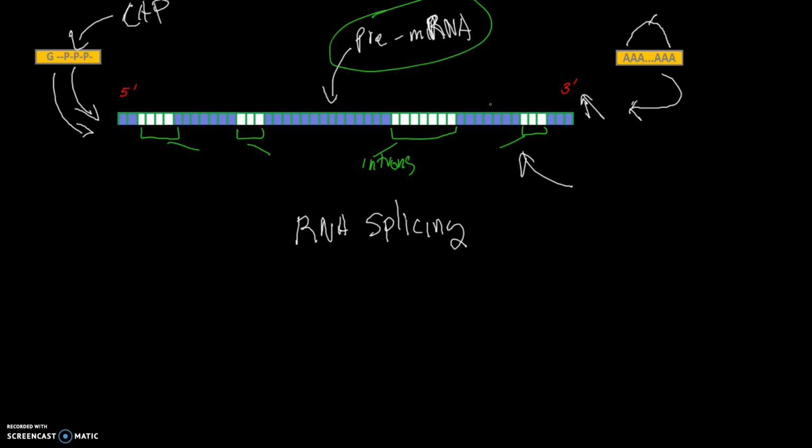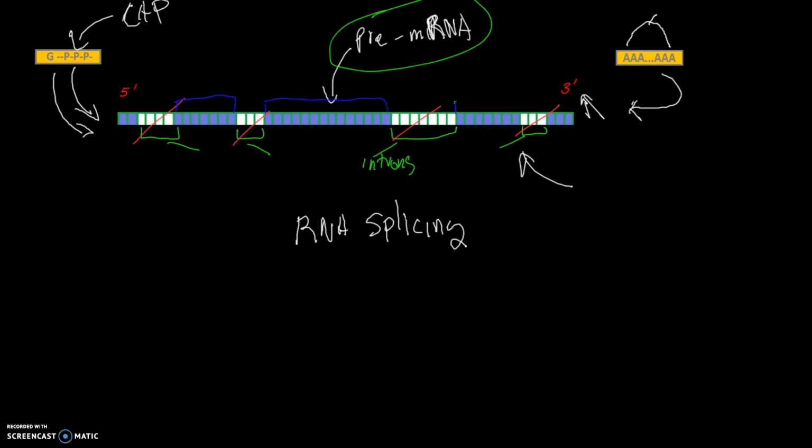However, they are transcribed in the initial messenger RNA molecule, that is, pre-messenger RNA. But they must be removed before the mature messenger RNA leaves the nucleus. So these introns are going to be cut out of this pre-messenger RNA molecule.